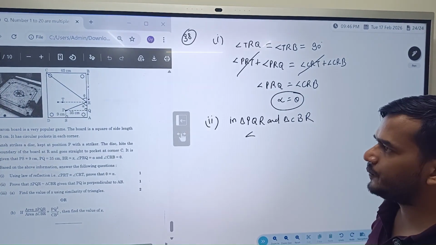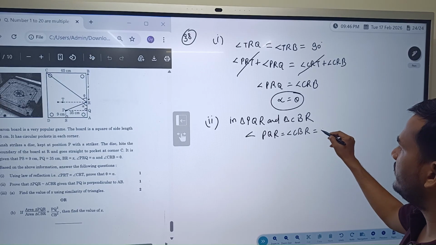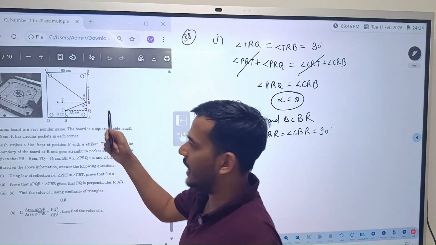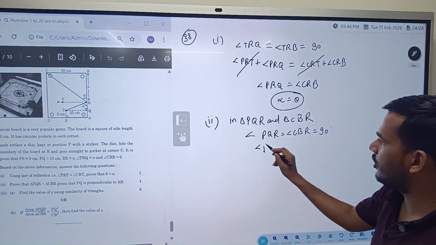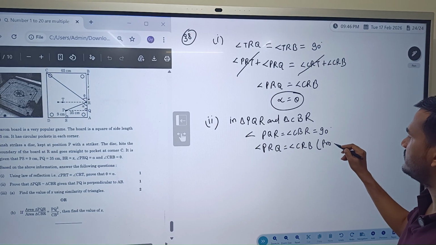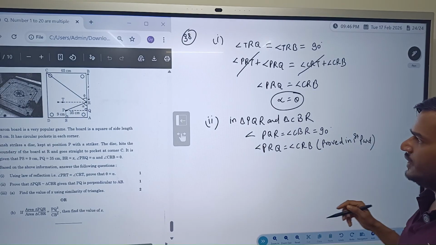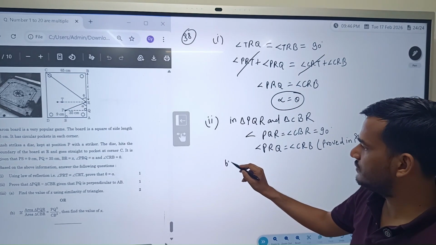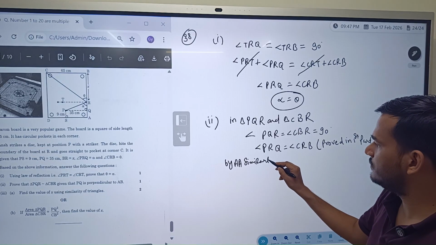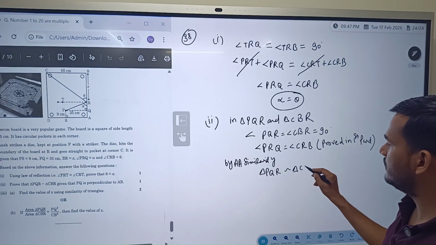So angle PQR is equal to CBR, equal to 90 degrees. And angle PRQ and CRB are both equal, which we already proved in the first part. So by AA similarity, triangle PQR is similar to triangle CBR.